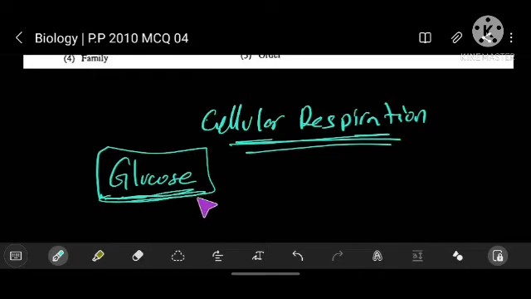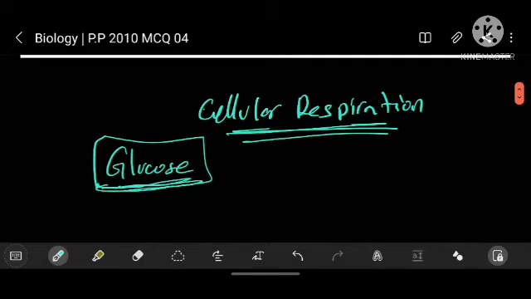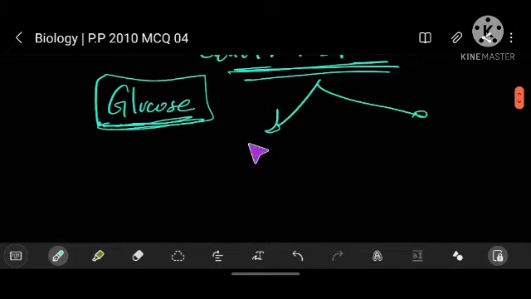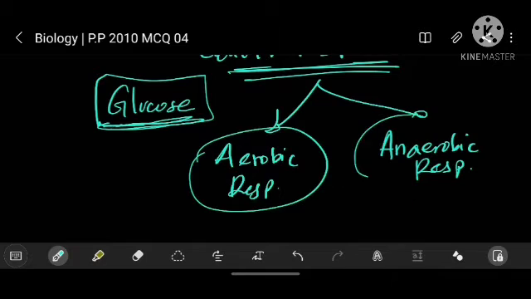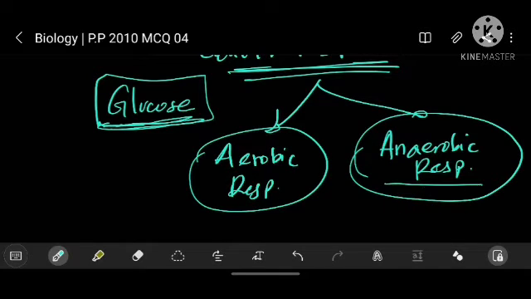The process can be conveniently divided into two categories based on the usage of oxygen, namely aerobic respiration and anaerobic respiration. In this question they are talking about anaerobic respiration.